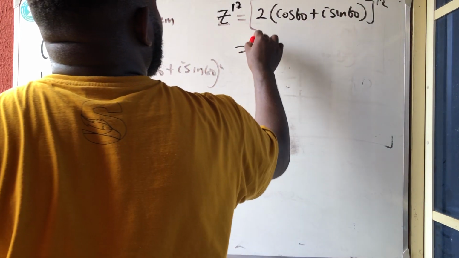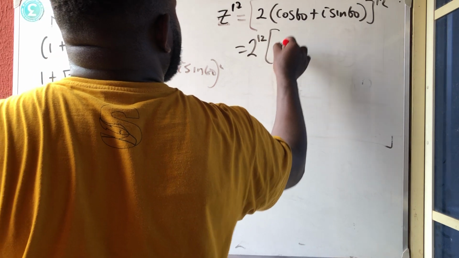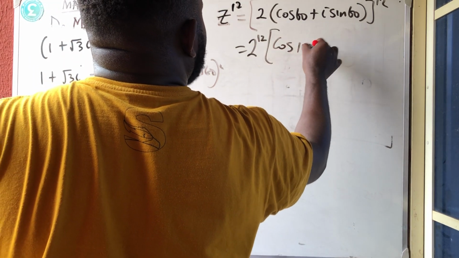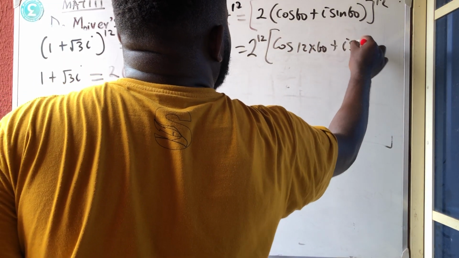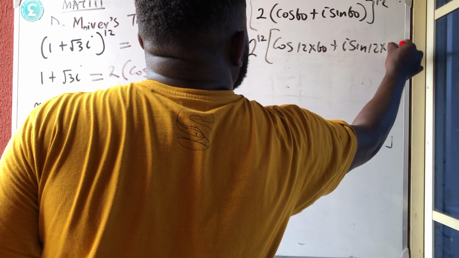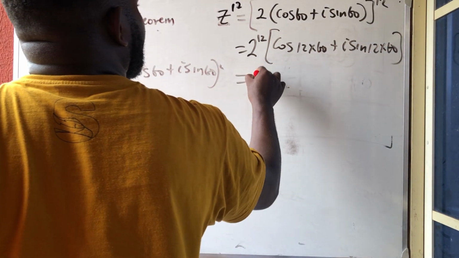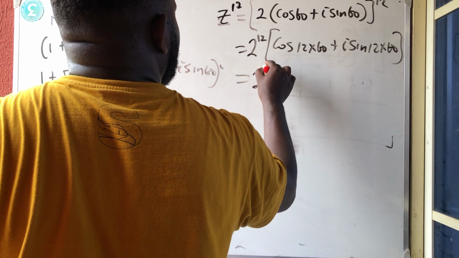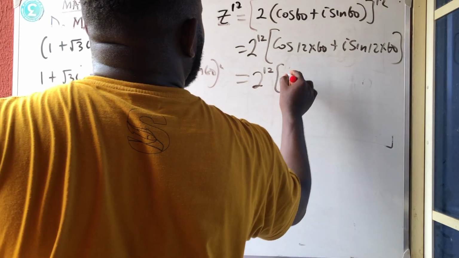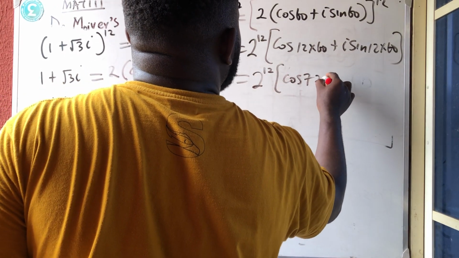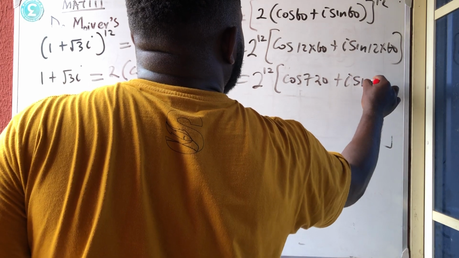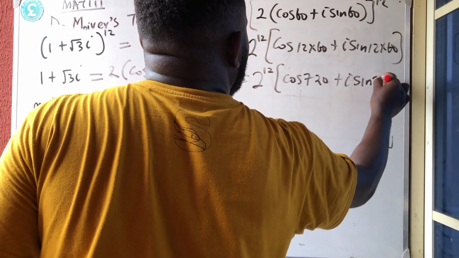So which is 2 raised to power 12 bracket cos 12 times 60 plus i sine 12 times 60. Which will give you 2 raised to power 12 in bracket of cos 720 plus i sine 720.